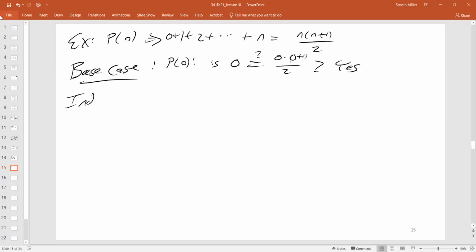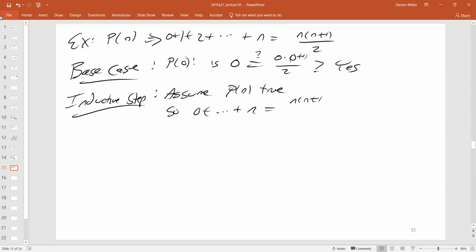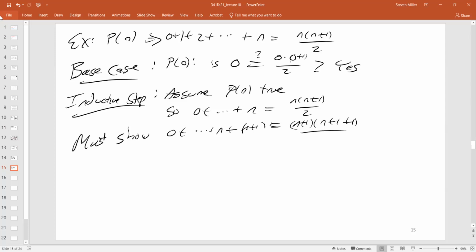So, inductive step. Assume Pn is true. So we know 0 plus ... plus n is equal to n times n plus 1 over 2. We must show 0 plus ... plus n plus 1 equals n plus 1 times n plus 1 plus 1 over 2.